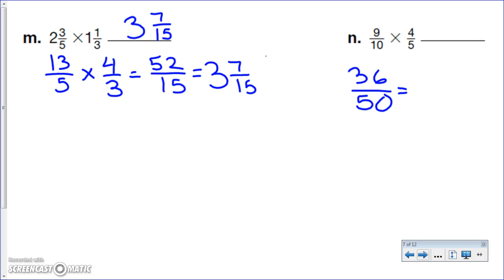We can divide the top and the bottom by 2. So 36 divided by 2 becomes 18. 50 divided by 2 becomes 25. And we cannot simplify that any further, so our answer is 18/25.